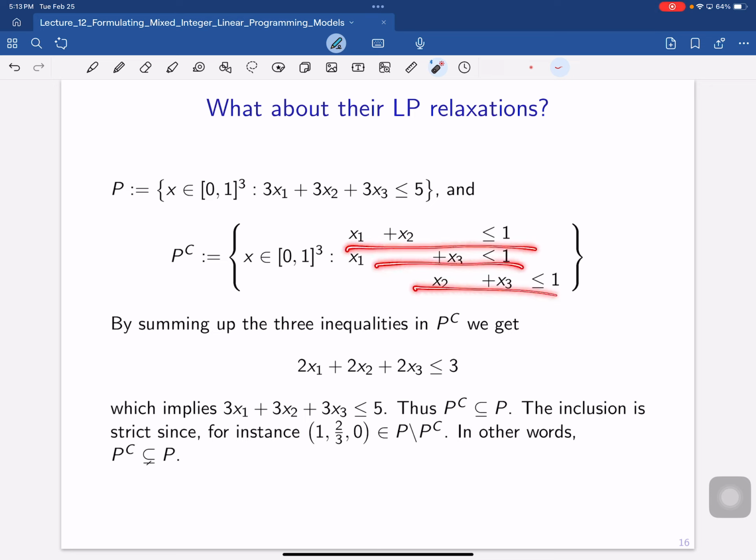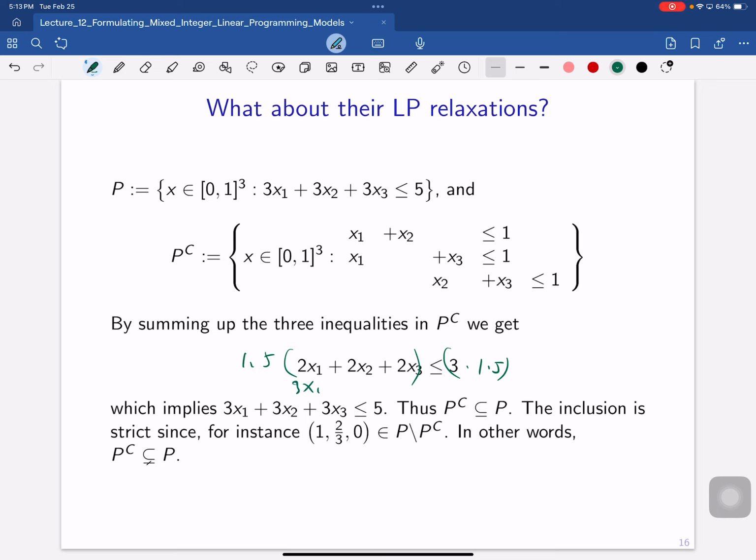What we get is 2 times x1, 2 times x2, 2 times x3 less than or equal to 3. So this implies 3 times x1, 3 times x2 plus 3 times x3 is less than or equal to 5, because you could multiply both sides by 1.5, and you get the same left-hand side as the original inequality.